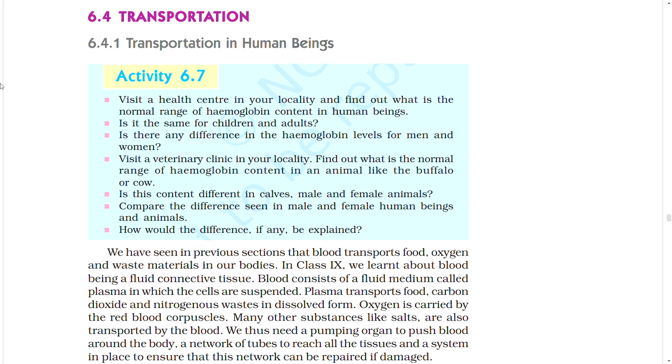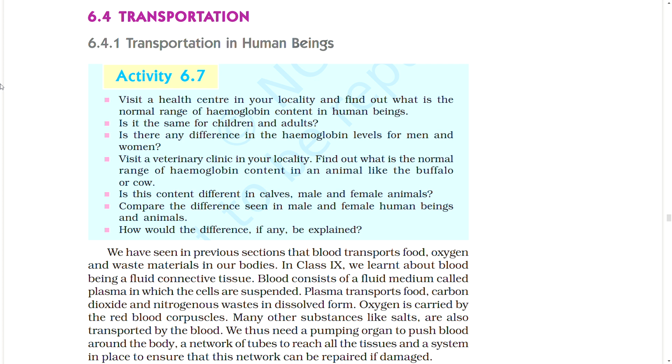Find out what is the normal range of hemoglobin content in an animal like the buffalo or cow. Is this content different in calves, male and female animals? Compare the difference in male and female human beings and animals. How would the difference, if any, be explained?